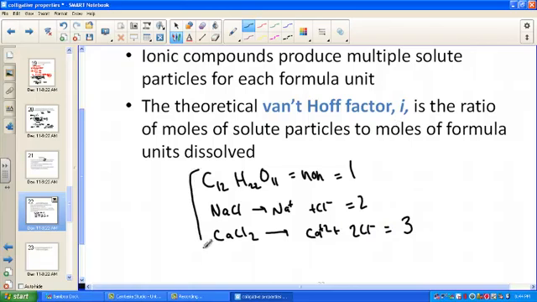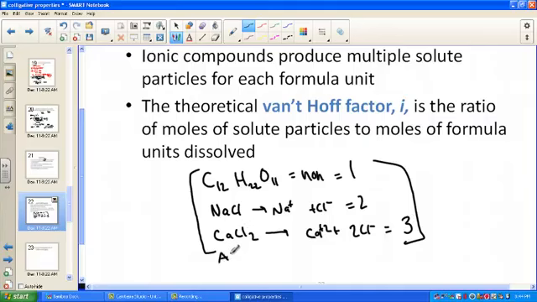Colligative properties say it doesn't matter what you put in, it matters the amount you put in. Therefore, these ionic compounds have a greater effect on the boiling points, freezing points, and these colligative properties we've been studying than molecular compounds, simply because they give me more bang for the buck. They're going to give me more particles for each unique amount I put in.